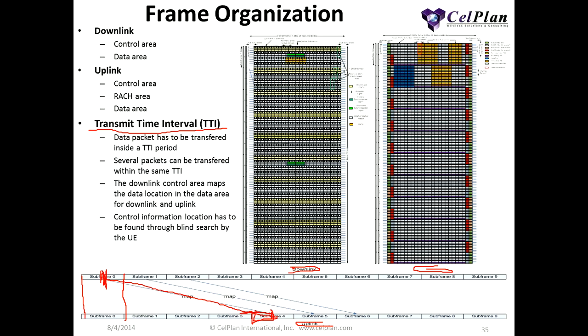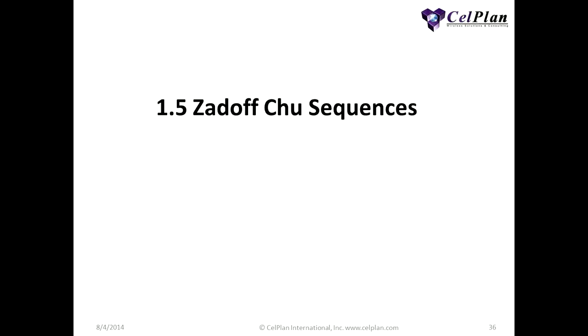So it's up to the ENB to analyze how much data is there in the UE buffer, and then based on this it will allocate the required number of resources.